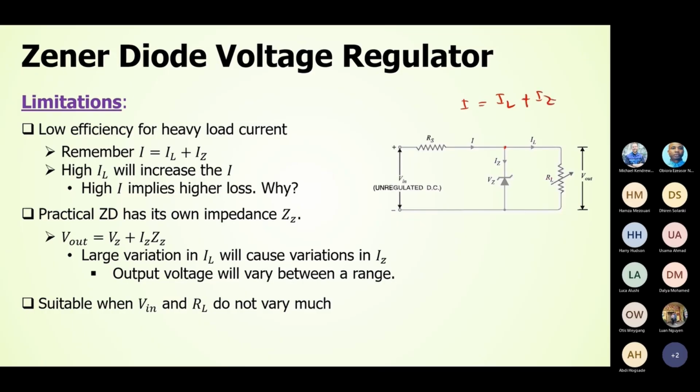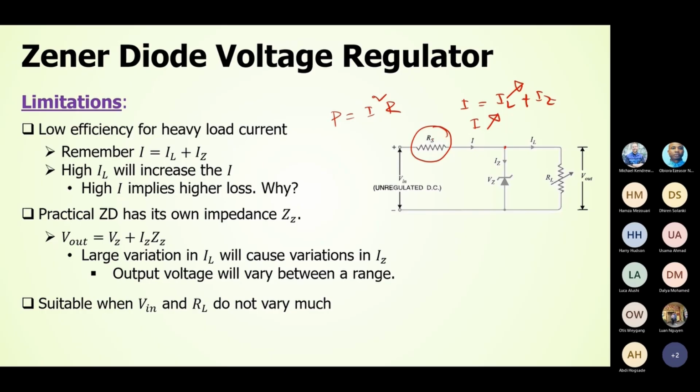Now, if you increase the load, your IL will increase, which means your overall current also increases. High current means there is a huge resistive loss here, because we know P equals I squared R. So we will have a huge amount of loss in this part of the circuit, and this circuit has low efficiency.